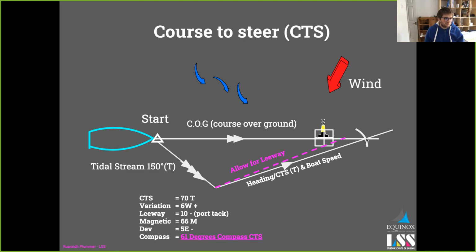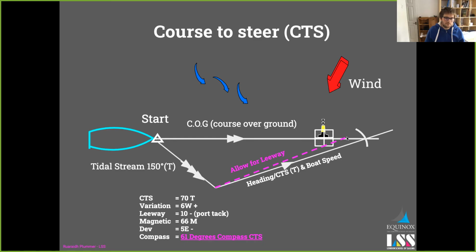Basically, the length of this line is your speed, and as long as that intersects your line, it doesn't matter where it intersects, that is going to result in you travelling, in theory, along this line.